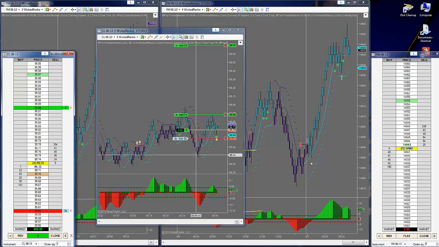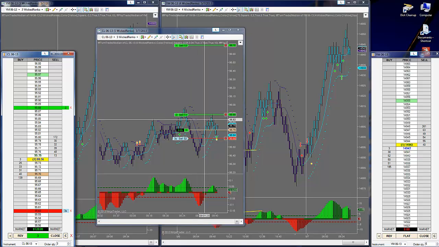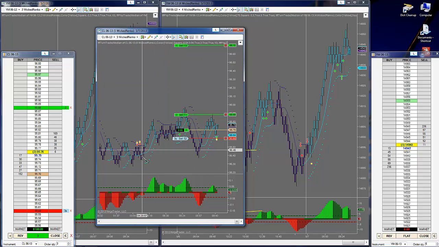Again, this market structure here, we have a lower pivot high here and a higher pivot low coming out of here off of this reverse divergence to the upside. So this is a good start point, if you want to call it that. Just draw this in here.